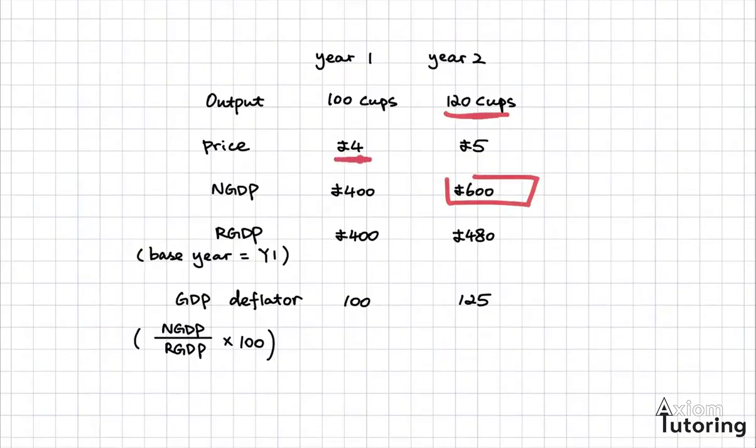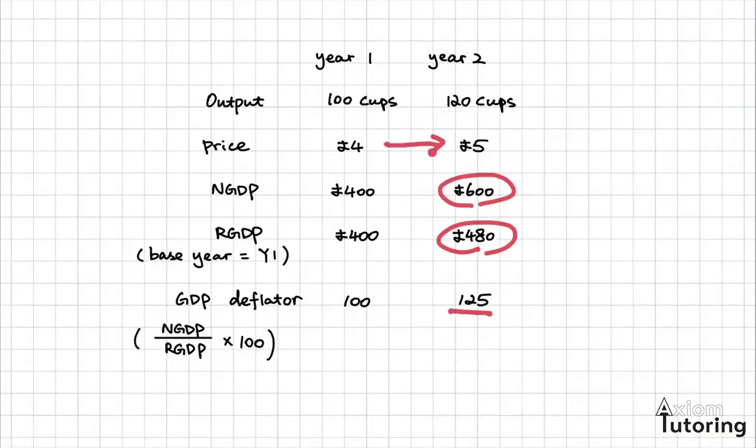So the real GDP for year 2 is 480 pounds, and the GDP deflator, 600 divided by 480 times 100, is 125. The price index is still 125 because the current price is still 25% above the base year price.